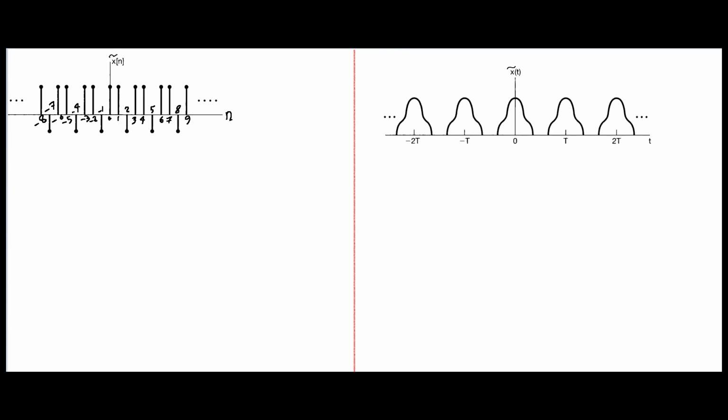If we look at the discrete time case and call this template x[n], we can see that the signal keeps repeating. This is one period, then another period, and another one, and so on.